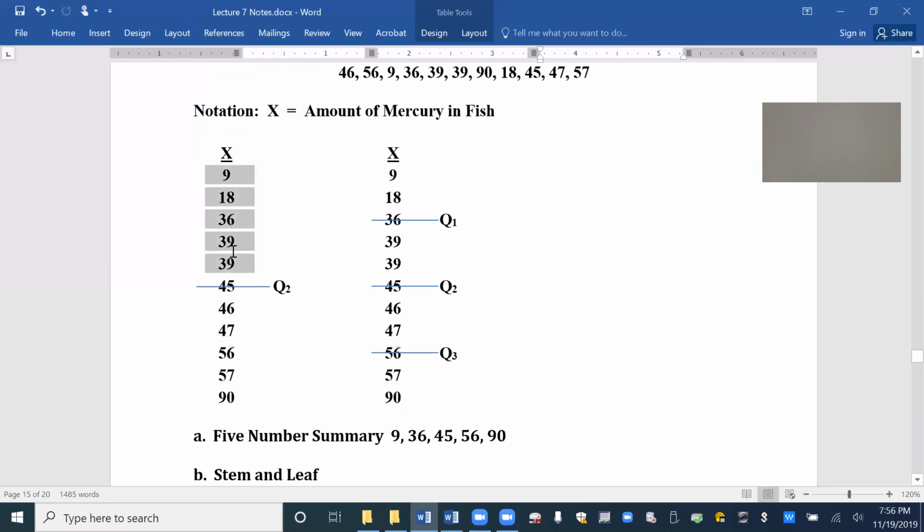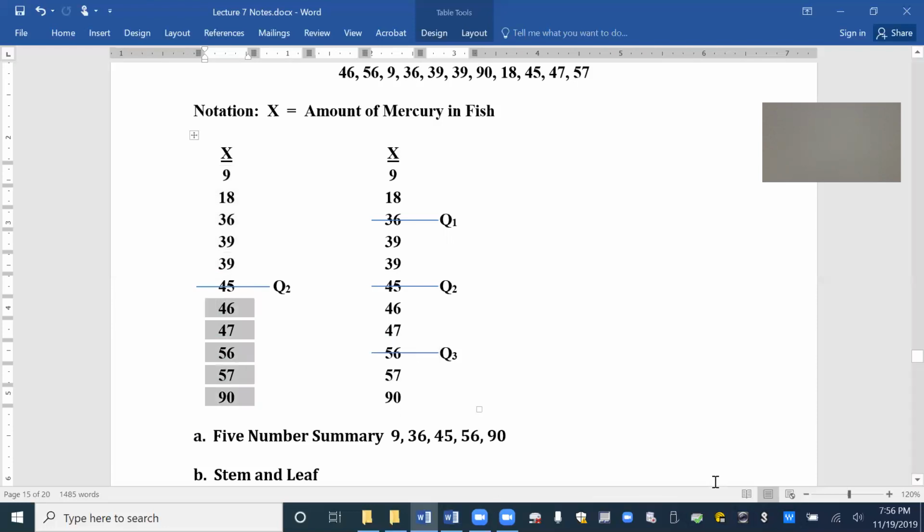Take the top 5 observations. Let's say they're a sample by themselves. What's the median of that group? 36, halfway point. Take the last set of 5 here. Find me the median of that group. 56. Okay.